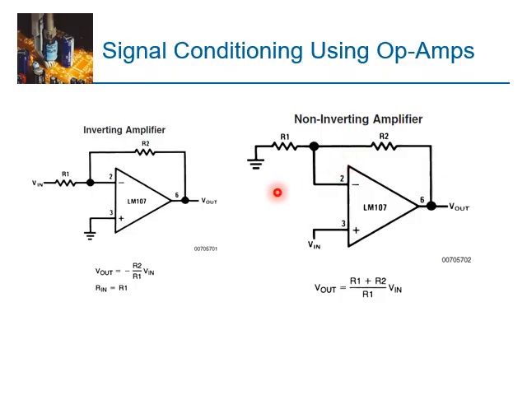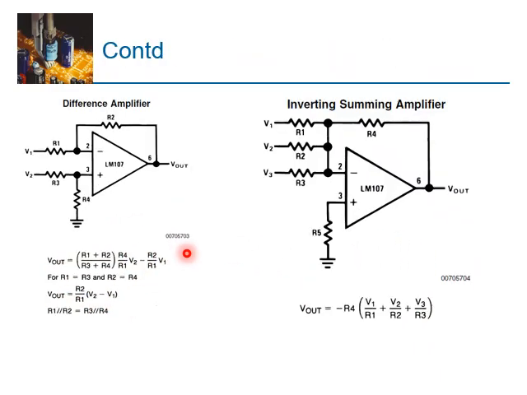These are the things that we will be discussing, inshallah, in the next class. Signal conditioning using amplifiers. This is a very simple inverting amplifier. This is a non-inverting amplifier. This is the gain given here, as you can see. We will be discussing this. Difference amplifier: this is the difference between two voltage inputs.